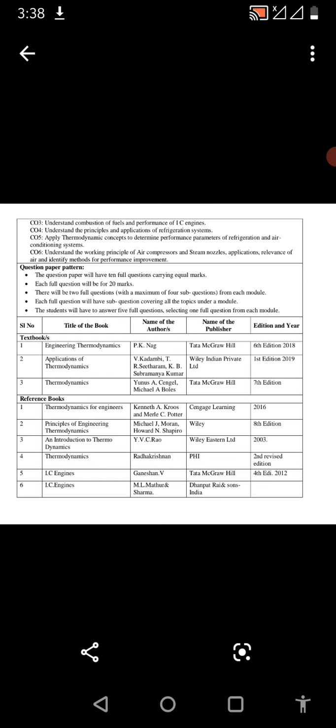The textbooks given here, very beautiful textbooks are available, well illustrated. So textbooks you have got Engineering Thermodynamics by P.K. Nag, Professor of IIT. Then you have got Application of Thermodynamics by Kadambi. This is Wiley Eastern publication, 2019 edition it is.